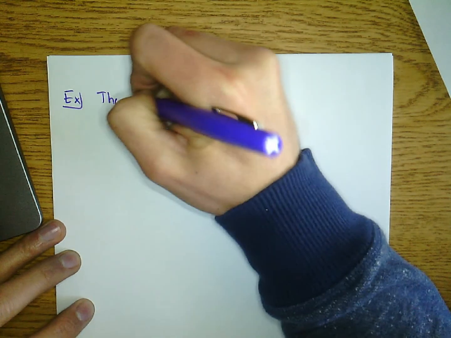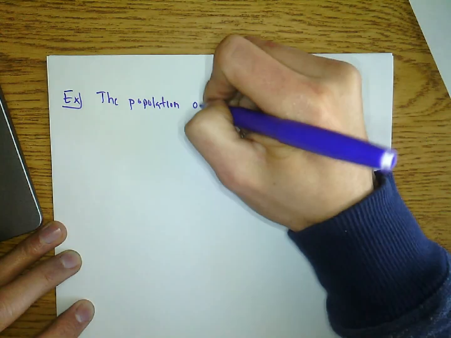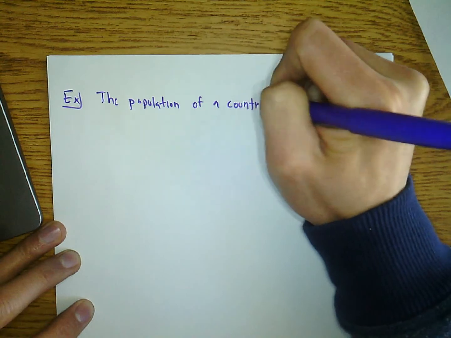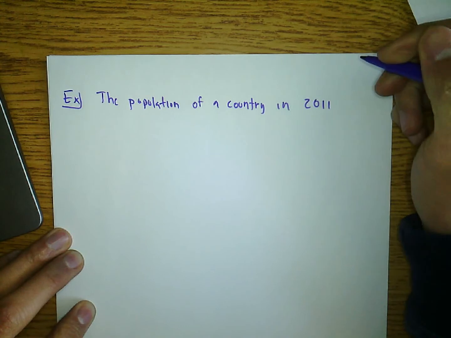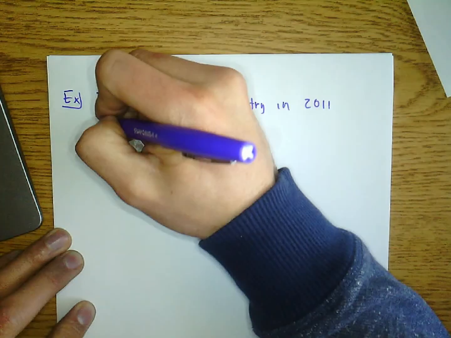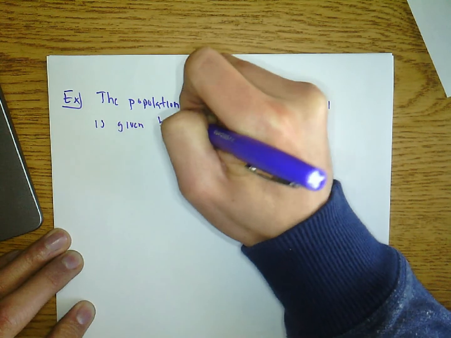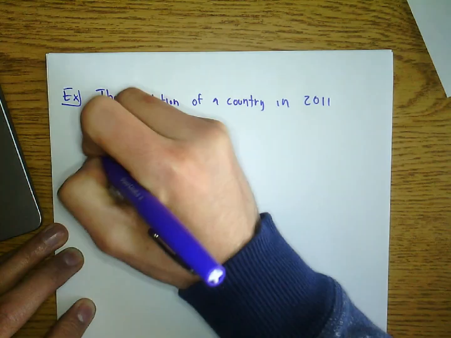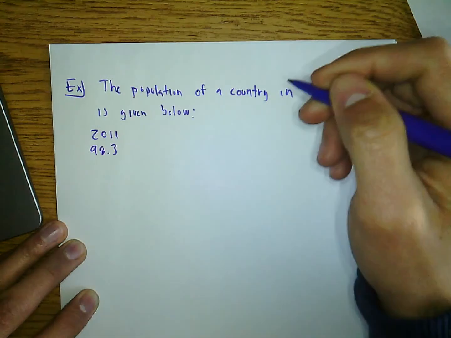The population of a country in 2011 is given below. Okay, so here's what we got. In 2011, we had a population of 98.3 million.